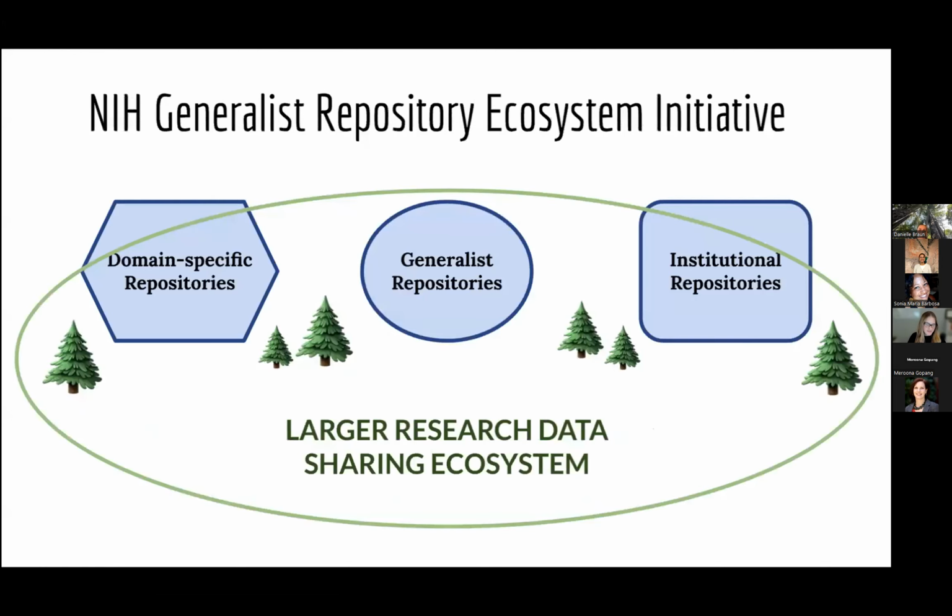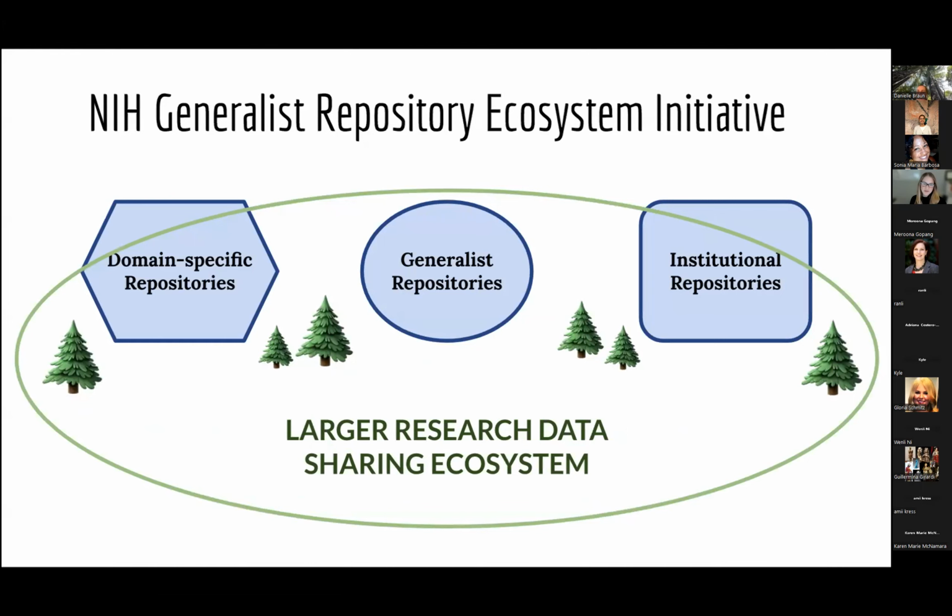So we just have 2 quick visual slides here for you to understand the larger landscape of data sharing and data repositories. We know this is a vast and evolving area. I think with the NIH policy, we'll see a lot more domain and data type specific repositories being spun up for communities, which is wonderful.